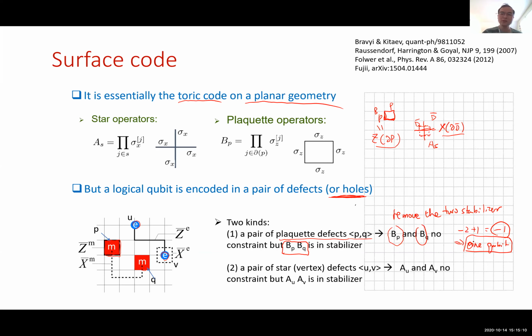Then for the pair of charge excitations, or the pair of stars, we call these defects because these are the stabilizers that are removed.